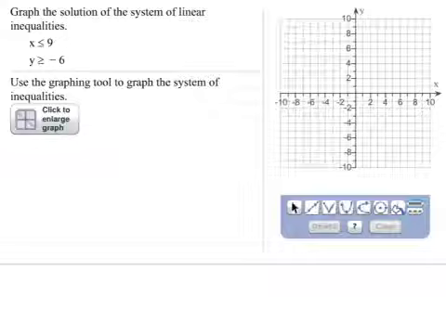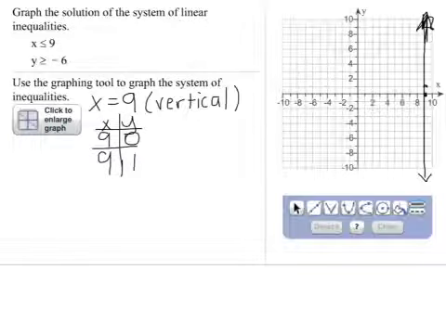Okay, on number 8, I've got x is less than or equal to 9, and y is greater than or equal to negative 6. I'll start by graphing those lines, remembering that x equals is a vertical line, and y equals is a horizontal line. So my line x equals 9 is graphed.